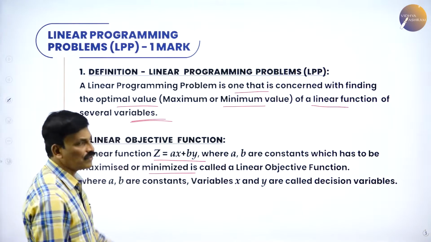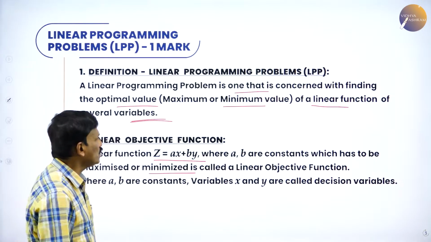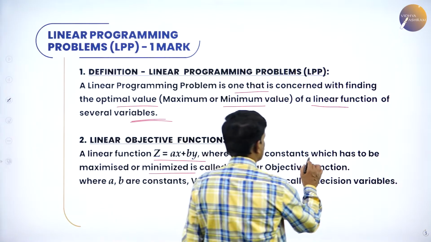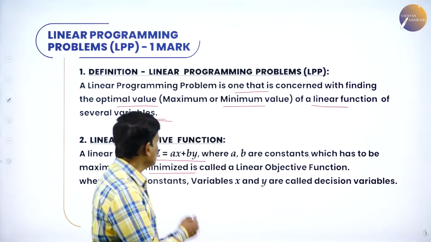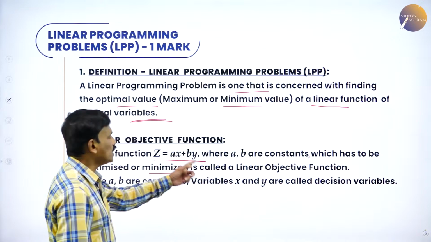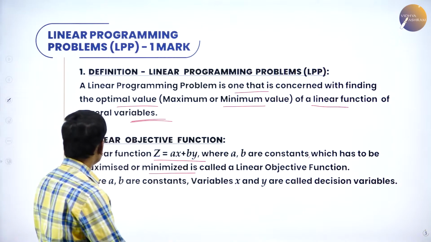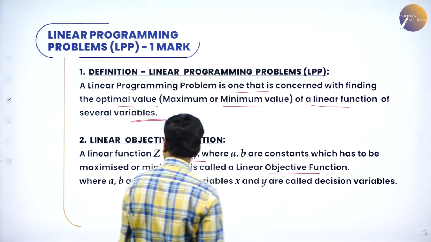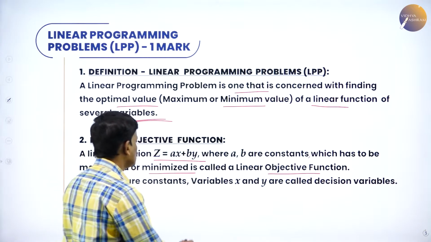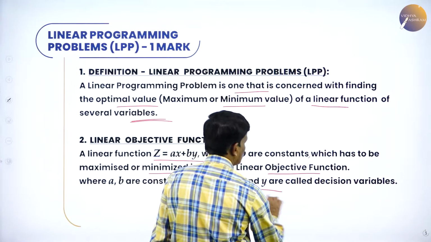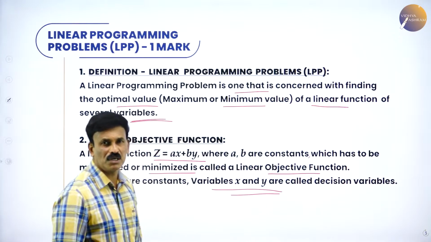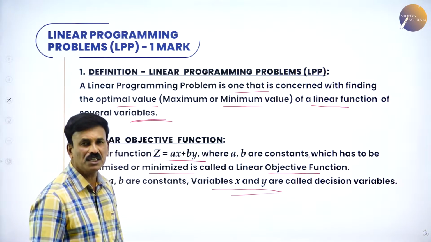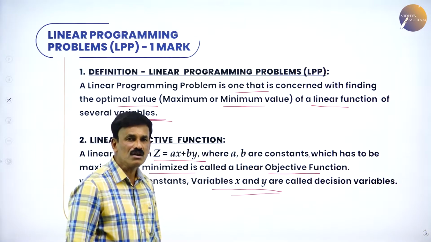Here x and y are called the decision variables, whereas a and b are the constants.